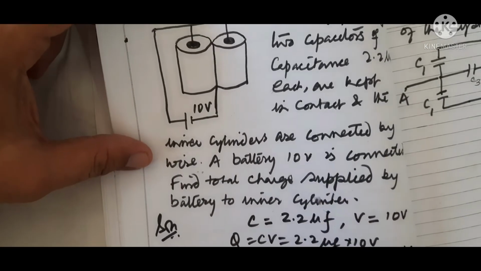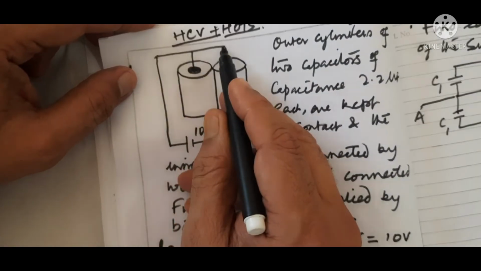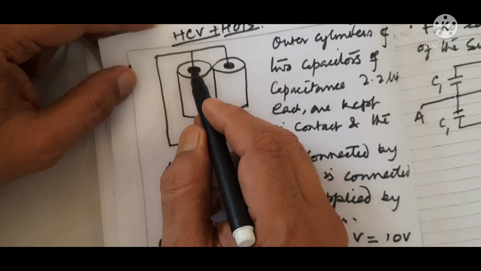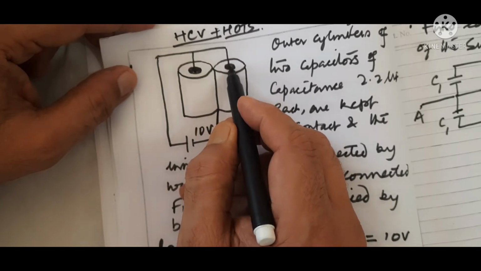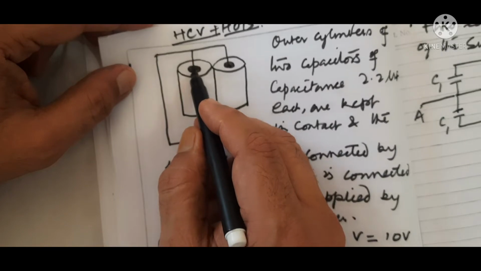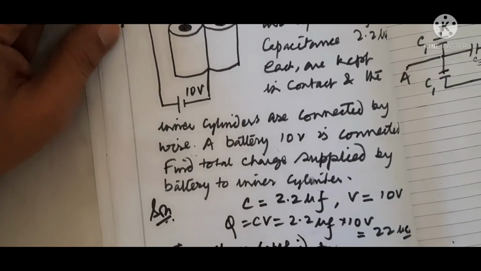How is it 22 plus 22? Here it is supplying the 22, and these two are parallel connected. So whatever charge is supplied to the inner one is the same in the case of this one, inner one number 1, inner one number 2. So 22 plus 22, 44. That should be your answer.